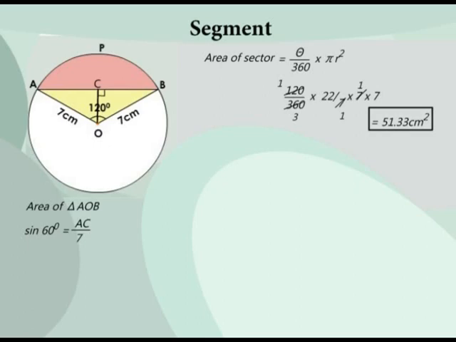Cross multiplication, AC is equal to 7 times sine 60. From the tables, sine 60 is equal to 0.8660. So AC is equal to 7 times 0.866. That gives us 6.06 centimeters. The length AB is twice this length, so AB is equal to 2 times 6.06, and that gives us 12.12 centimeters.